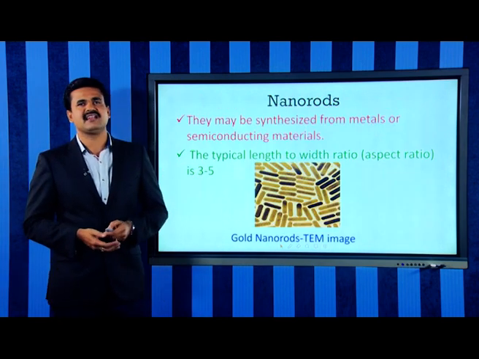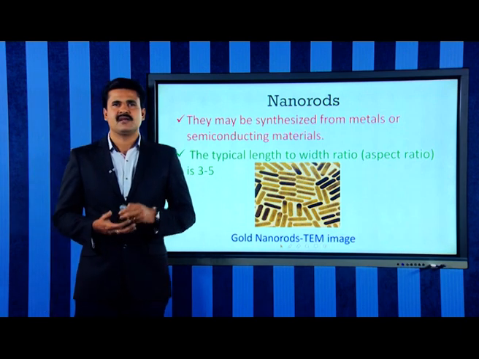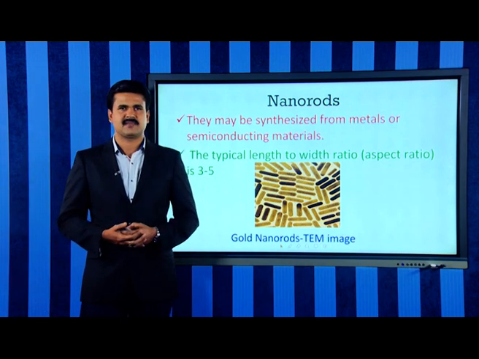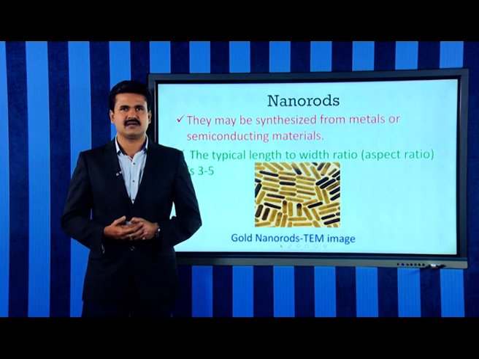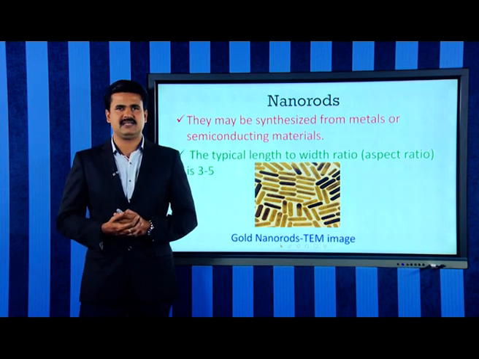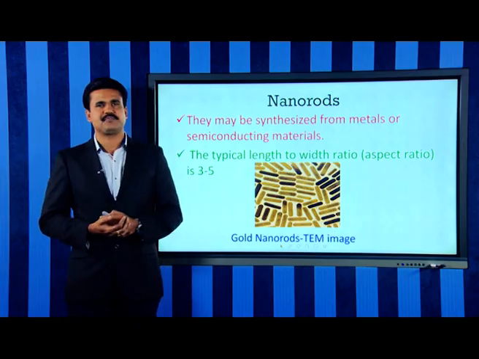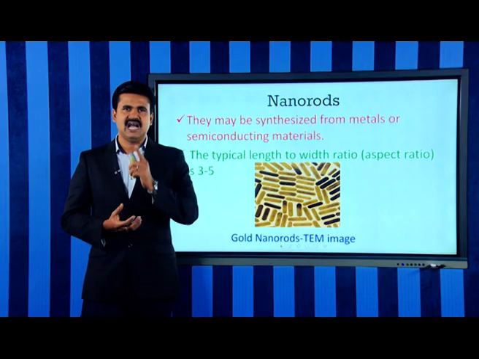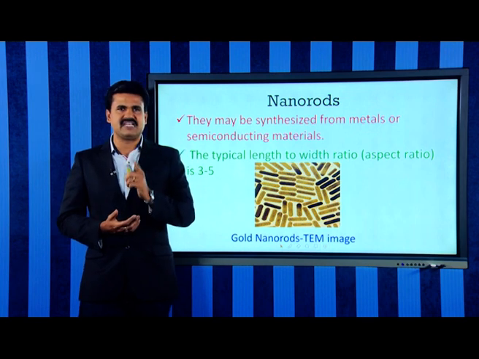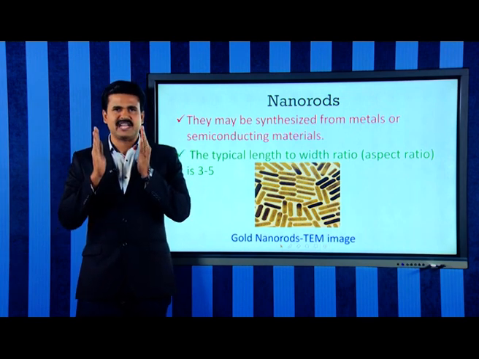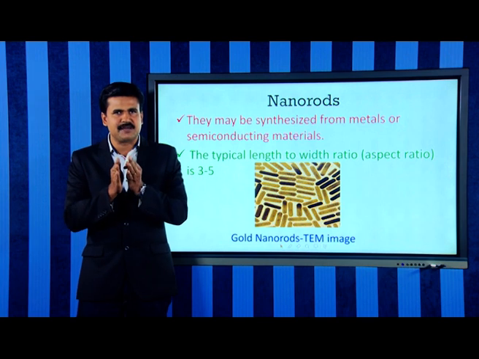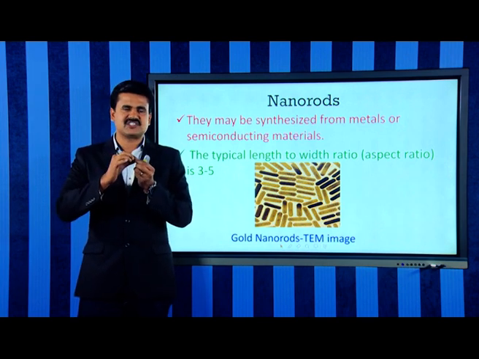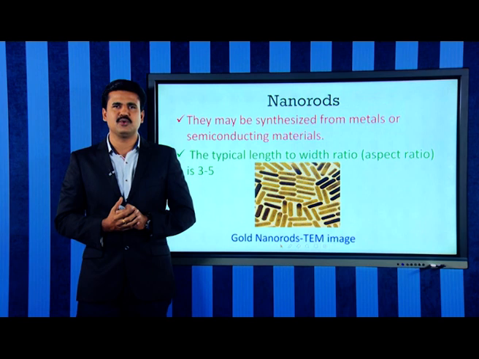Now we can discuss nanorods. Nanorods are one-dimensional nanomaterial. From the image shown, it is clear that the nanomaterials are rod shaped, and this rod shape reveals that two dimensions are in nano regime, but one dimension is outside nano regime.